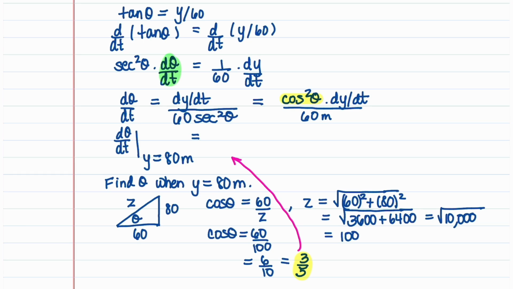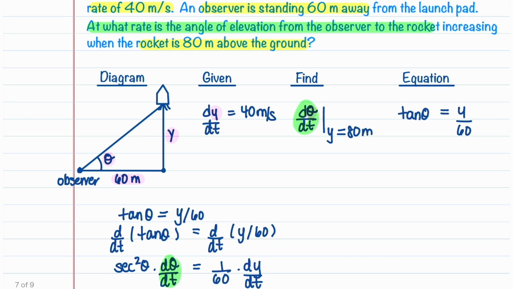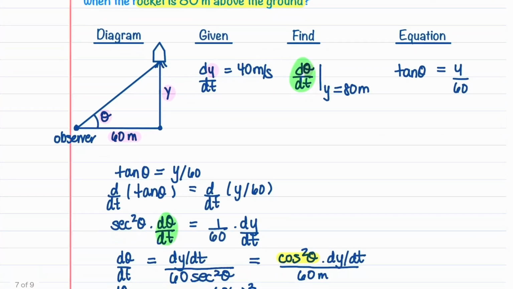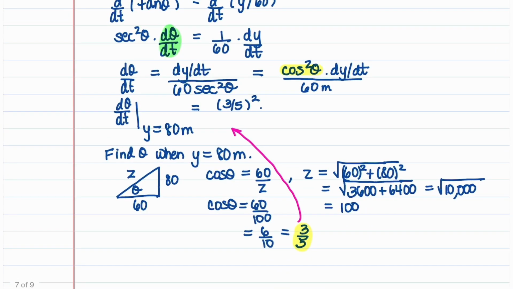So cosine squared theta is going to be 3 over 5 quantity squared. We need dy/dt. Let's go back up. That is 40 meters per second. And then we divide this by 60 meters.